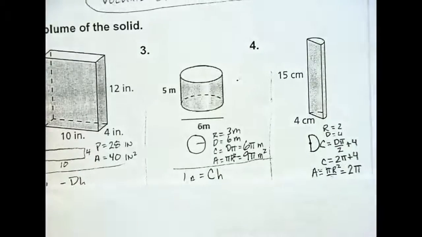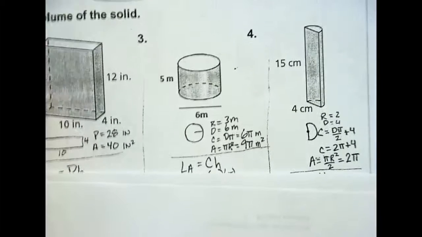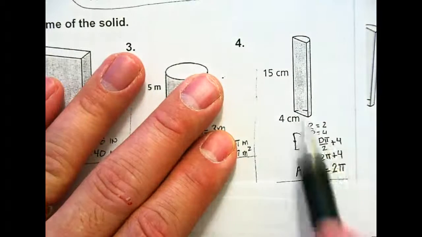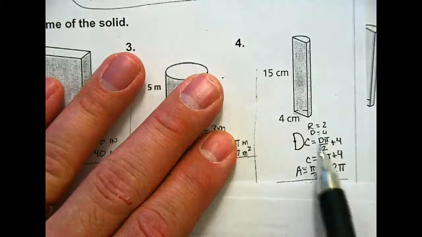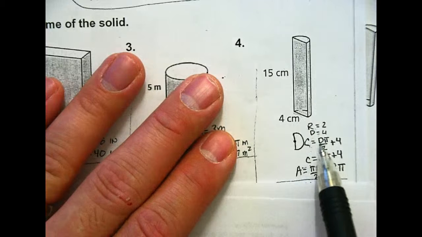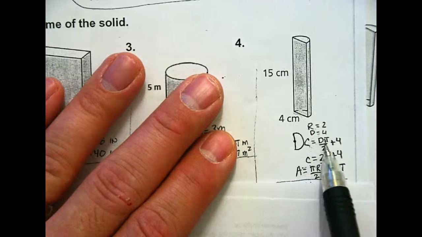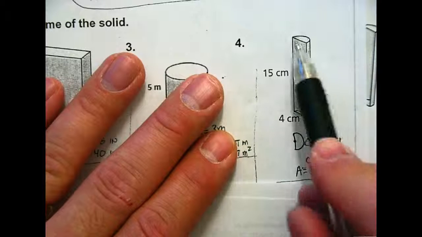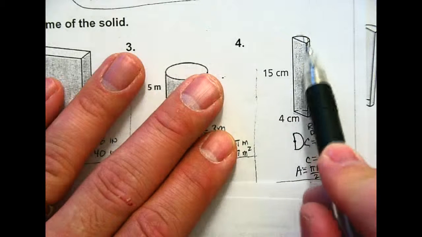All right. So you notice here, r is equal to my radius, which is 2. d is my diameter, it's 4. My circumference is usually pi d, or d pi. But in this case, because I only have half of a circle, my circumference is half of that.